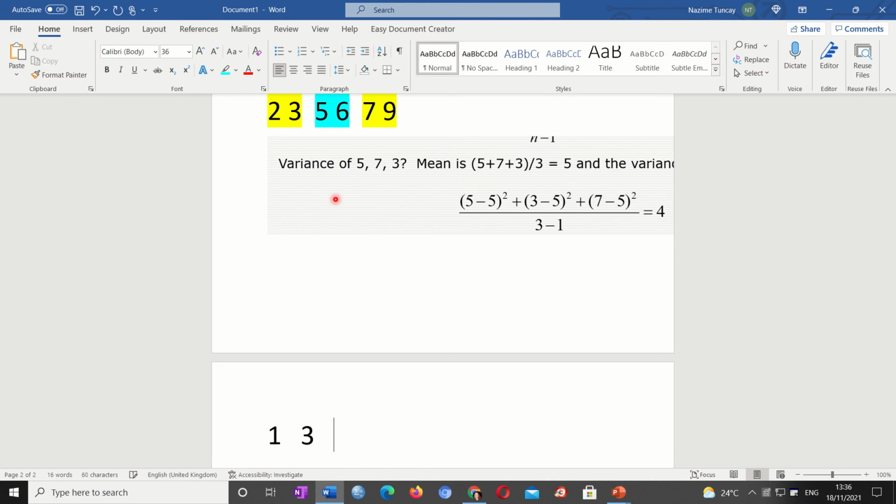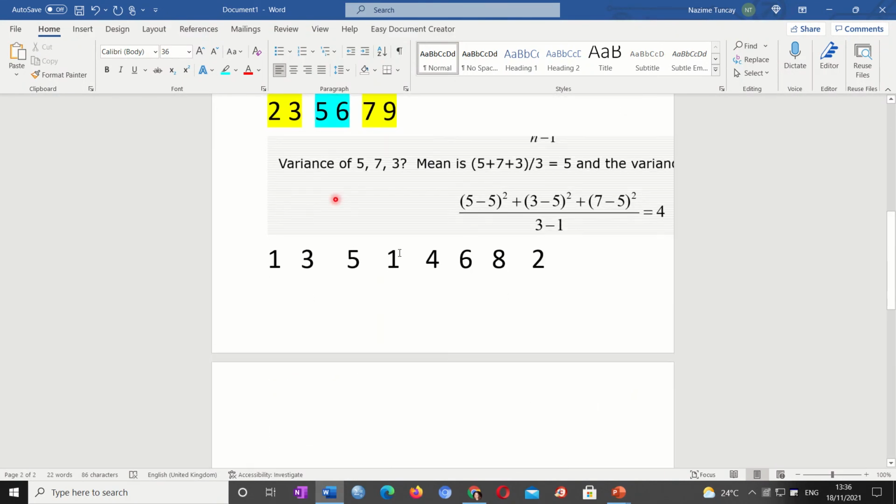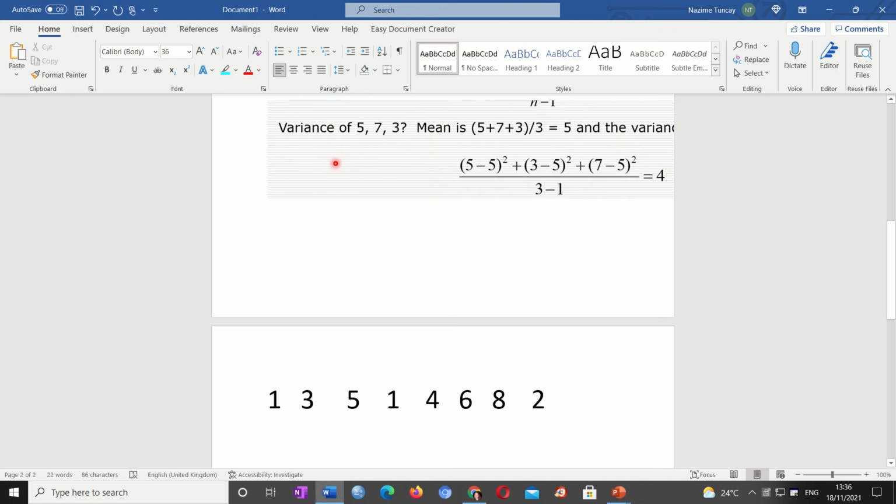Let's solve some other questions here. These are my numbers.